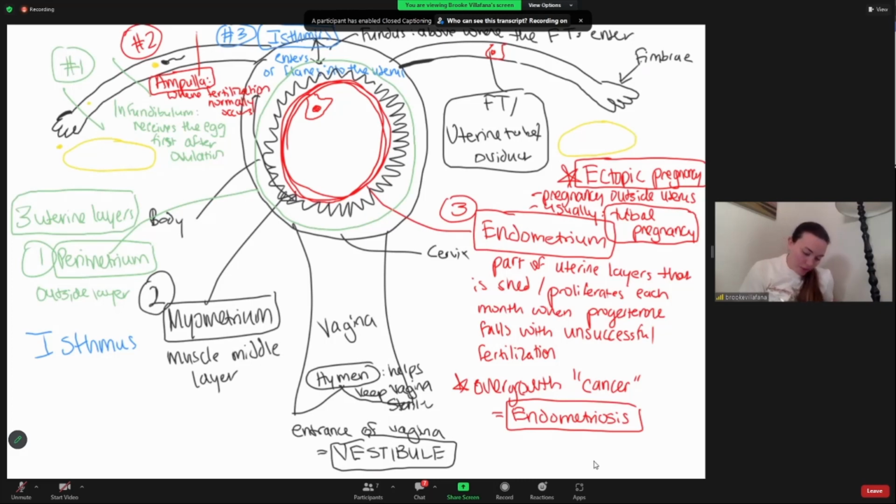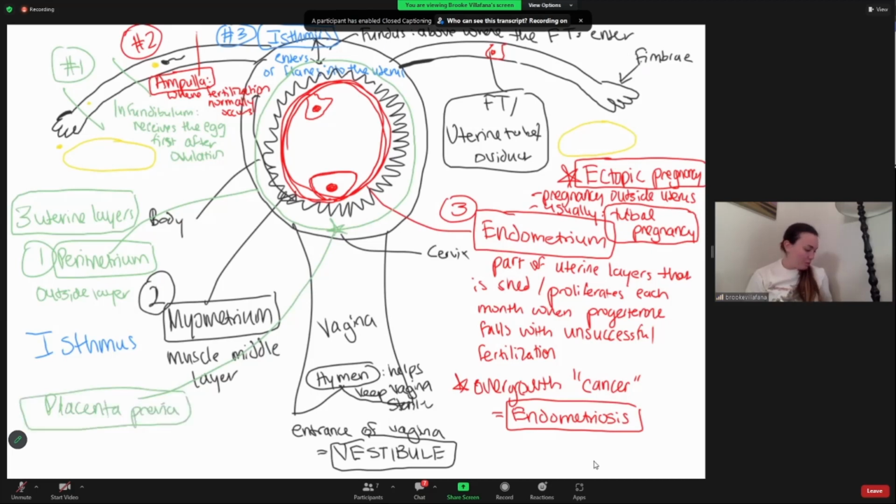If for some reason you had a pregnancy where the baby is developing right here at the entrance to the cervix, that can lead to a condition called placenta previa.